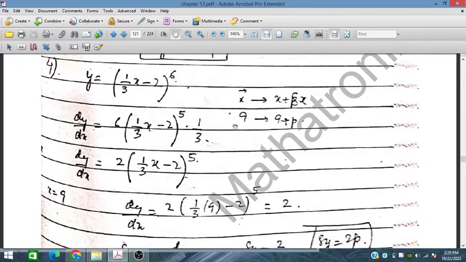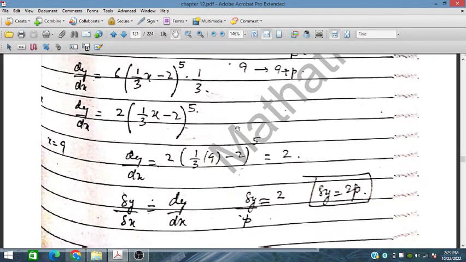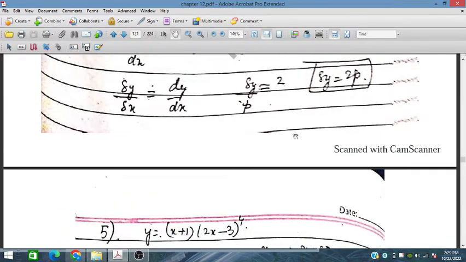At x equal to 9, we put the value 9 here, so we have dy by dx. Now we have an incremental change p, because 9 plus p, so this p is an incremental change in x. So the incremental change in y is equal to this times p. So this is the value required.